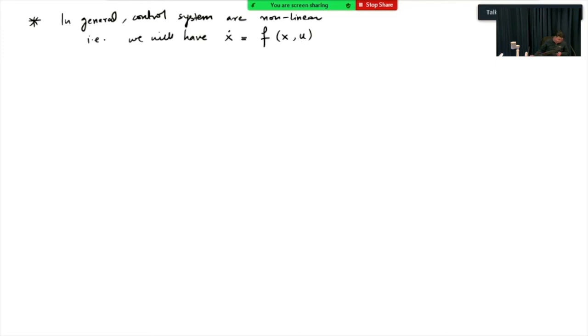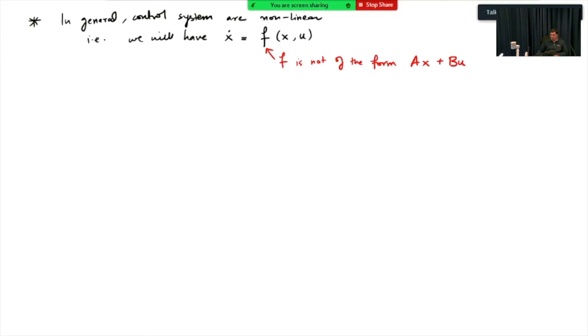So that f may not be a linear function. It's not of the form ax plus bu, right? So f is not a linear function of x and u.